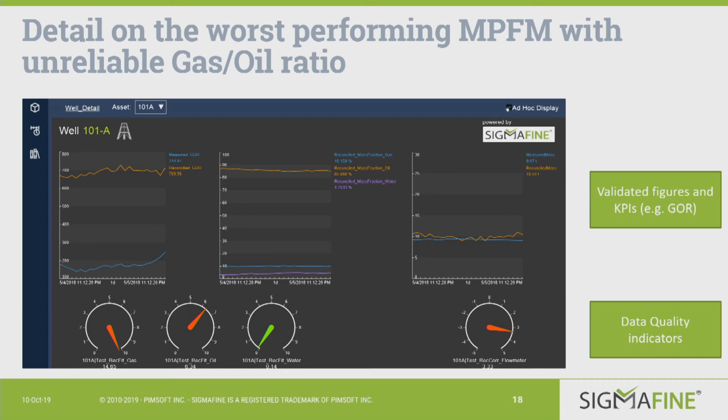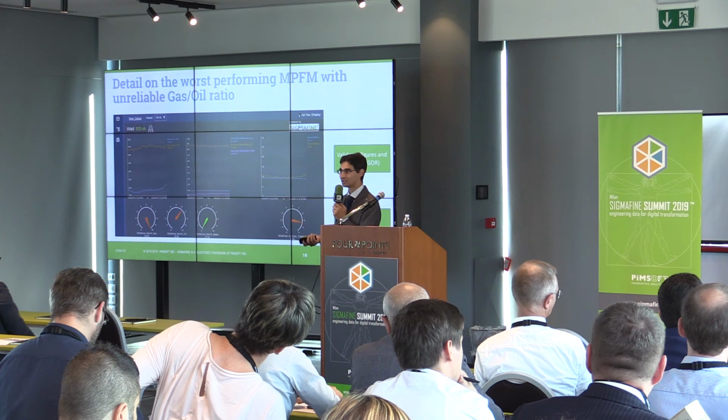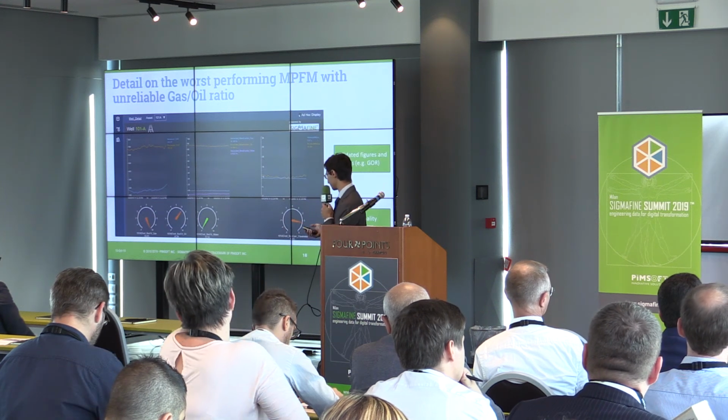And we can see again a huge discrepancy between the measured and reconciled value because of this big issue on the gas phase measurement. The indicators below are almost all pointing to red. So some action needs to be taken on this instrument specifically.